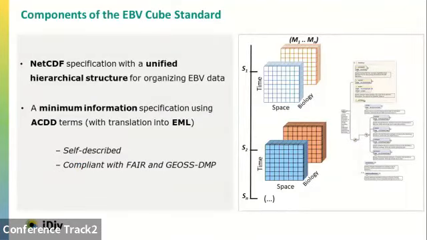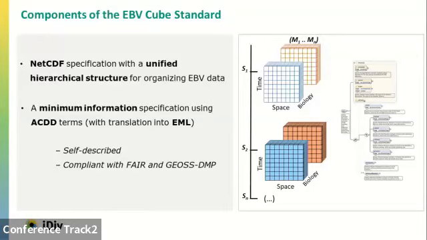So the EBV cube standard is a specification of the NetCDF standard, where we defined a unified hierarchical structure for organizing those scenarios, metrics, etc. And why we used NetCDF, as Miguel already pointed out, is because it is a standard that is widely used in other communities, especially in the geo community, in the Open Geospatial Consortium, and it is a very well-known standard for organizing spatially explicit data, for example for climate and other Earth observations.